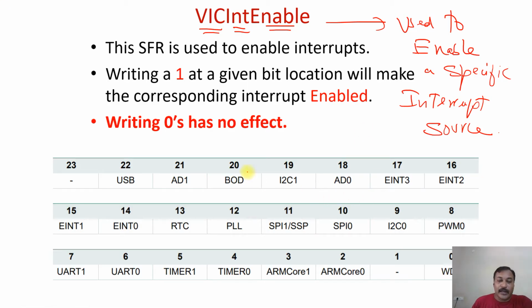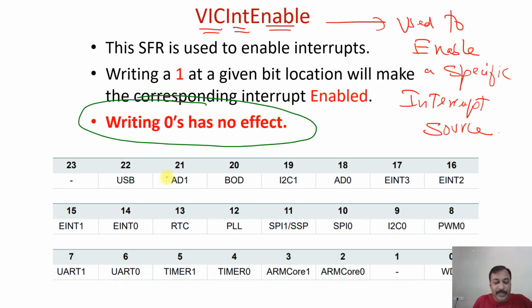Out of the total 22 interrupts, any particular interrupt source can be selectively enabled. More importantly, writing a 0 doesn't have any effect here. If you want to enable an interrupt, write a value of 1 to the corresponding interrupt source. If you don't want to use it, disable it. For disabling it, you have a different SFR. You cannot write a 0 here. Writing a 0 in the interrupt enable SFR has no effect.